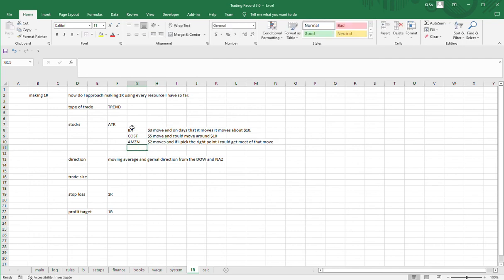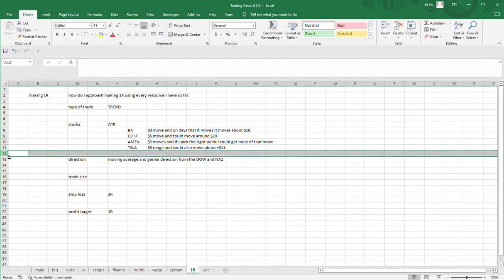Now, the recent entry into the affordability of Tesla, since its 3-for-1 split, it is moving at about a $5 range, and could also move about maybe $11, I think, somewhere around there.